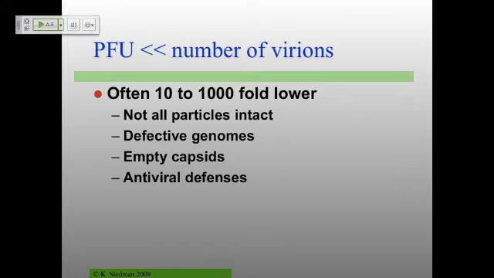There could be some technical issues. But often you find that you're just counting particles, and again, this gets back to why electron microscopy is not such a good way to count viruses: some of these virus particles might not be infectious. In the case of HIV, for instance, if you count the number of virus particles versus the number of infectious particles, it's about 1 in 10,000.